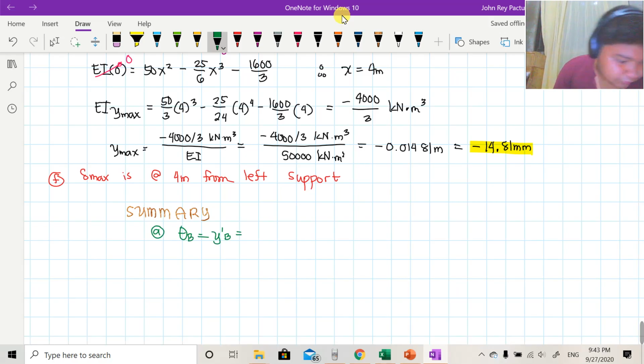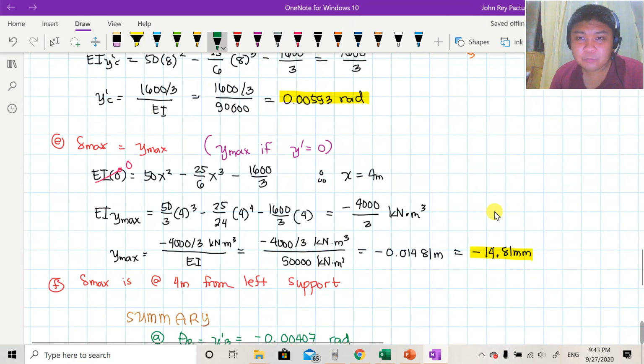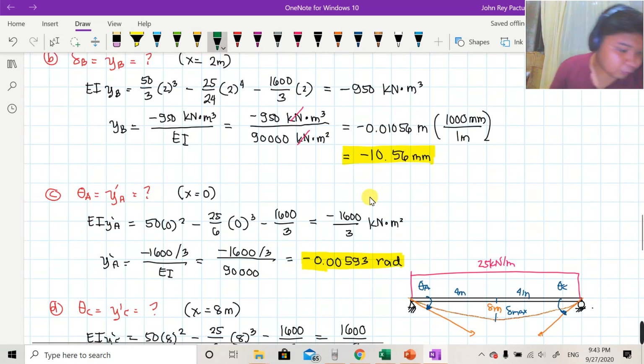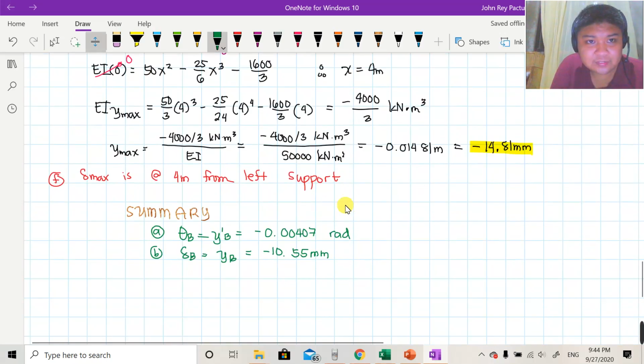Negative 0.00407 radian. Next tayo, yung deflection at B, which is parehas lang nga siya ng y at B, that is equal to negative 10.55 mm. So, ibig sabihin, di ba, ng negative, bumaba siya. So, ito siya, no? 10.56, I'm sorry. So, lagay natin as 10.56.